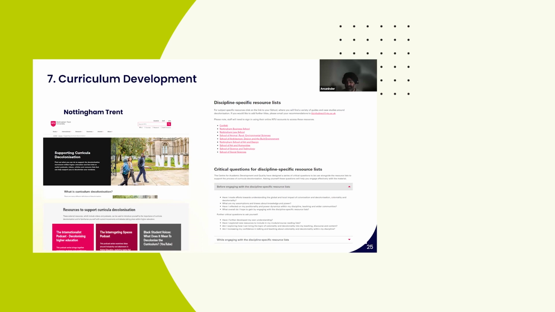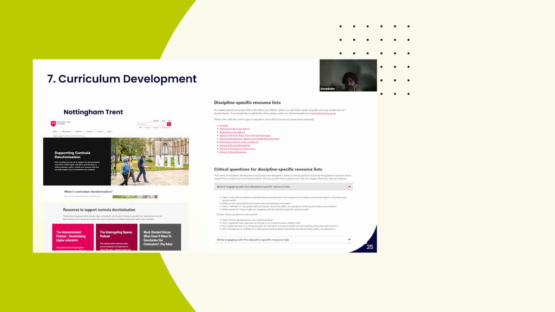Also, in there you'll find discipline-specific resource lists. But the only thing is you need to be a staff member or a student of that university to go into it. So we could only see this on the public-facing website, but there are more resources apparently once you go inside the intranet.